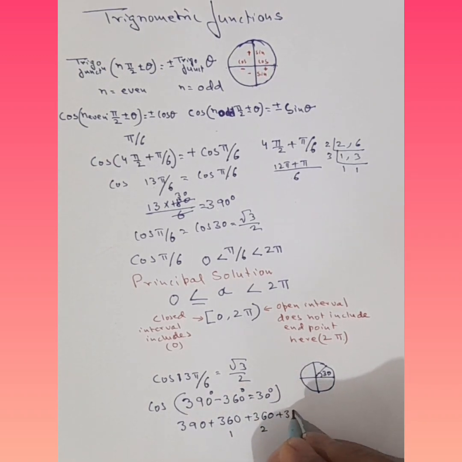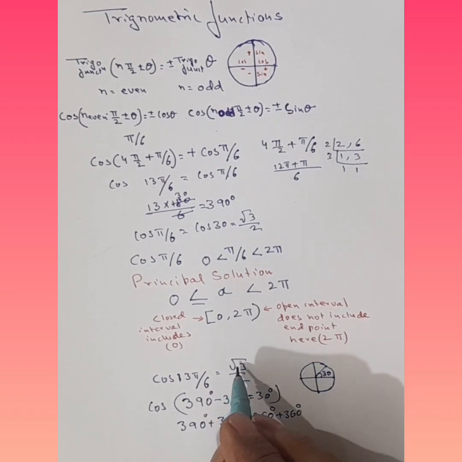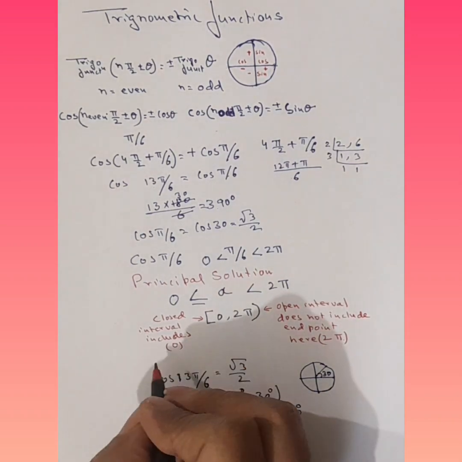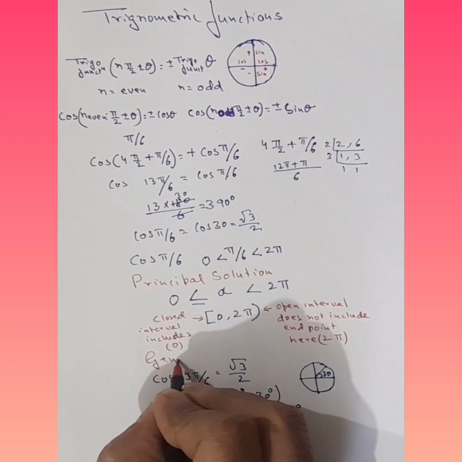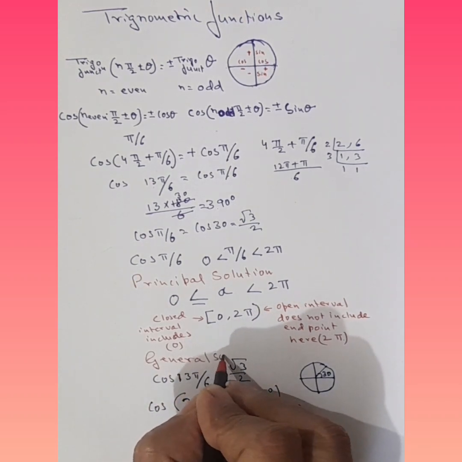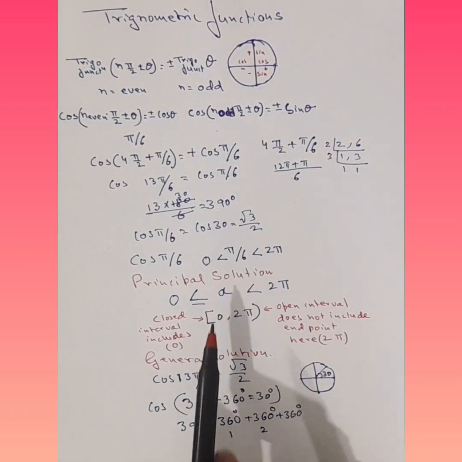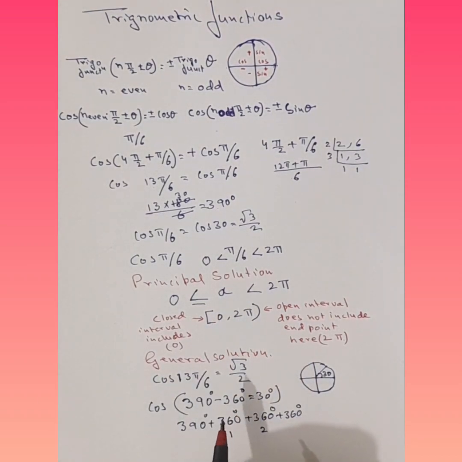Add another 360 to that and keep on doing that. You will find that for all those angles that you are getting, the value would be root 3 by 2. So that's the reason why we call it a general solution. So that's about principal solution and general solution. Let's learn more about it.